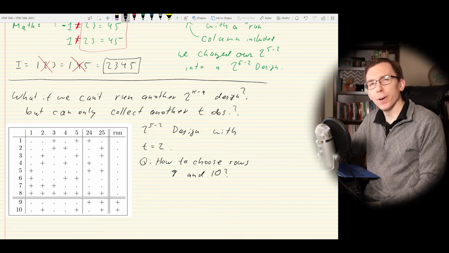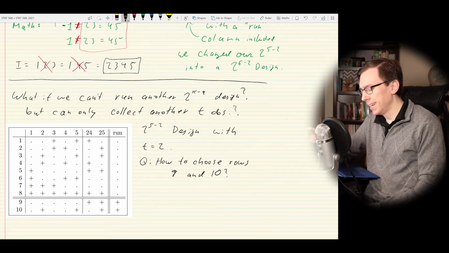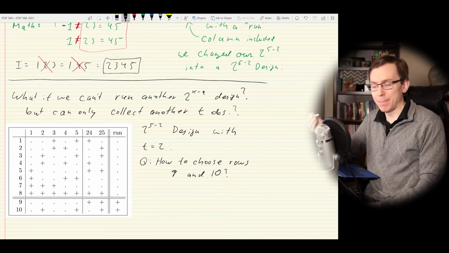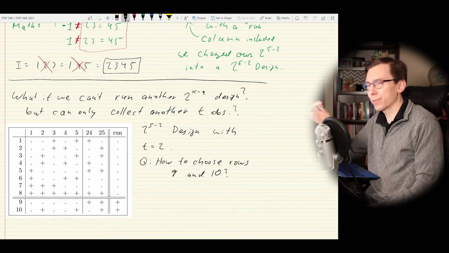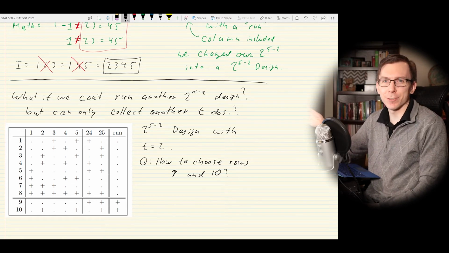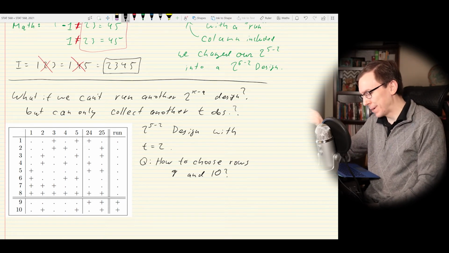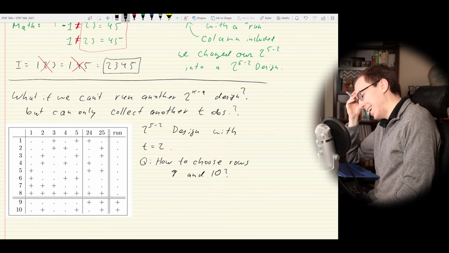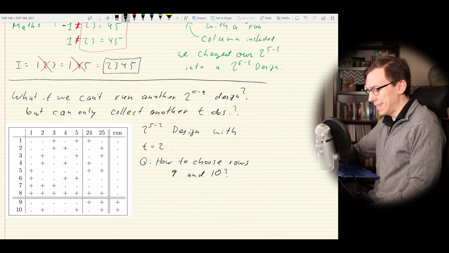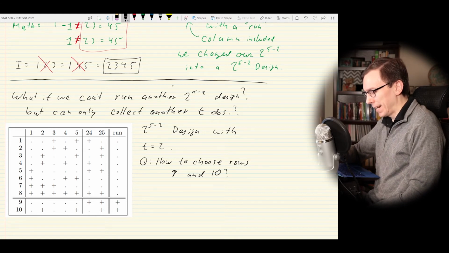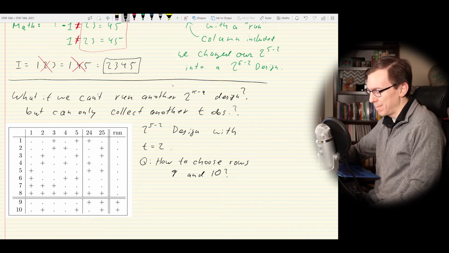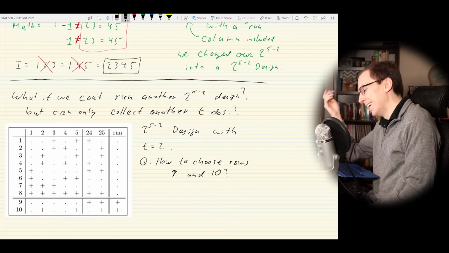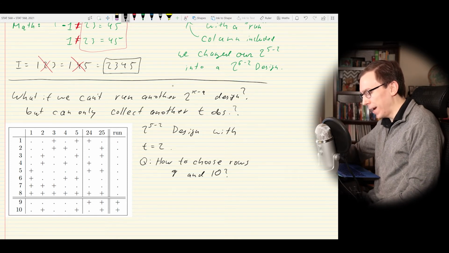Because remember, every row is a treatment here. The treatment is a set of factor combinations. So again, if 1 through 5 is a cocktail of drugs that we're handing to some participant, I need to know which drugs to hand to the participant. In this case, we've already tested, let's say, minus minus plus minus plus, and minus minus plus plus minus, all the way down to row 8, which is just plus plus plus plus plus.